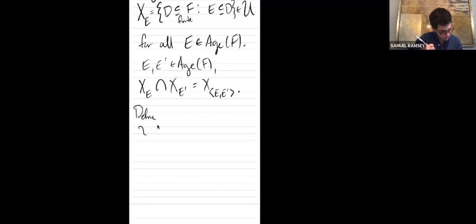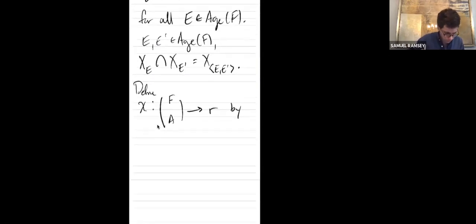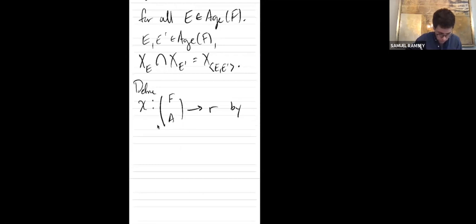Define chi, which will be a coloring on copies of A living inside of F with R many colors, by we will say that chi of A prime is equal to I if and only if the set of C in age F such that chi of C of A prime equals I is large.